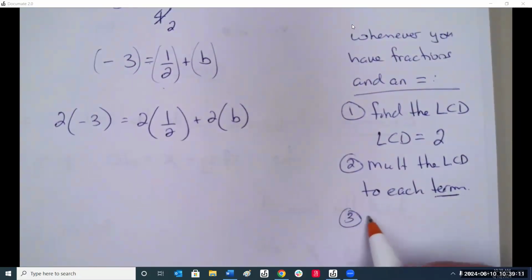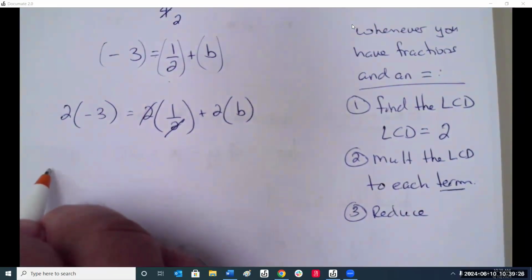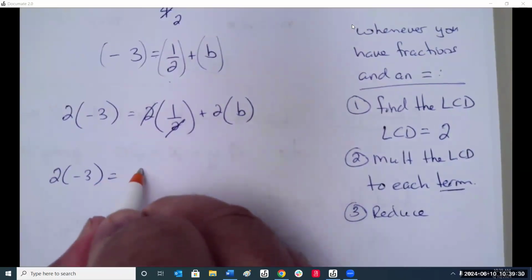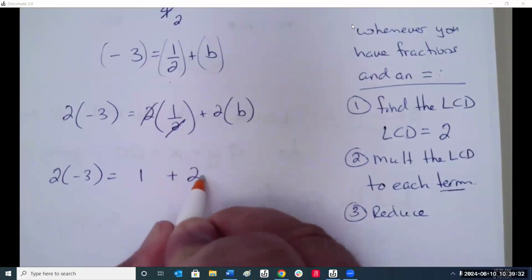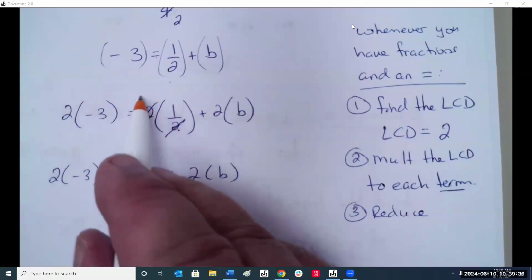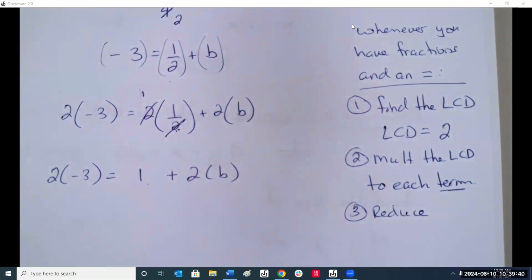Third step: reduce, simplify. Can anything cancel here? These cancel. Yeah, that's the whole reason we multiplied it, to get rid of it. So now we have 2 times -3 equals 1 plus 2 times b. Because the 2's are gone, 2 goes into 2 once. 1 times 1 is 1.